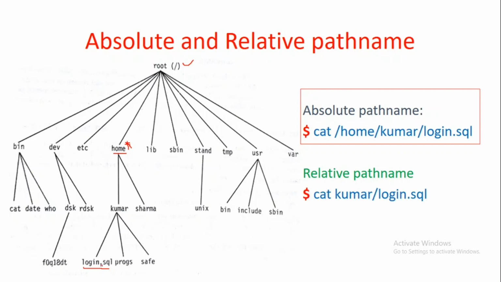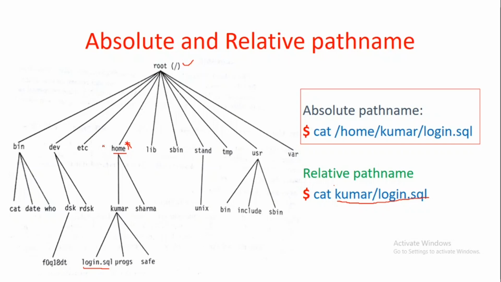So the path is referenced in relation to the current working directory, that is home, and it would look something like this: Kumar/login.sql. This also works fine, but here the path name is given relative to the current working directory, which is home.